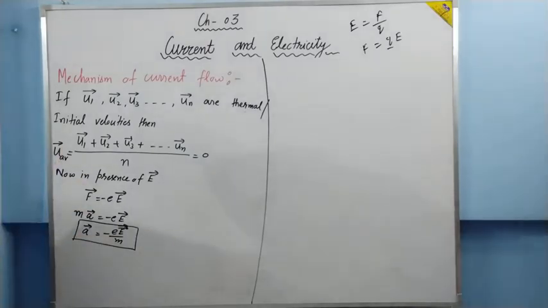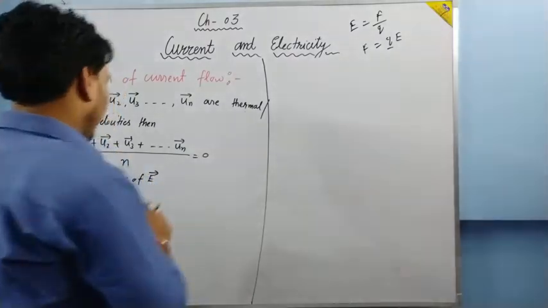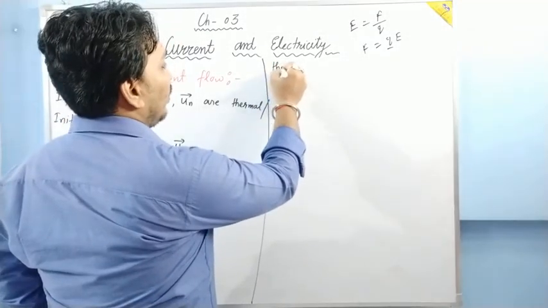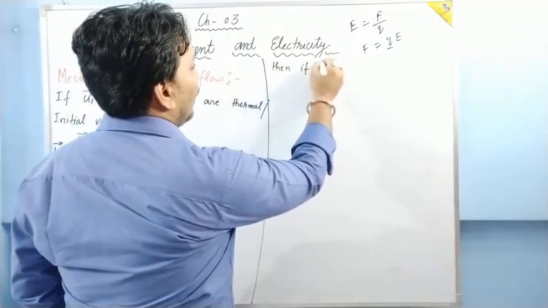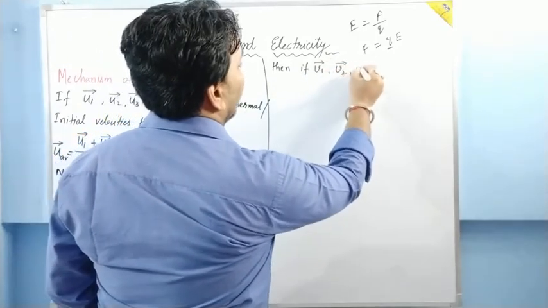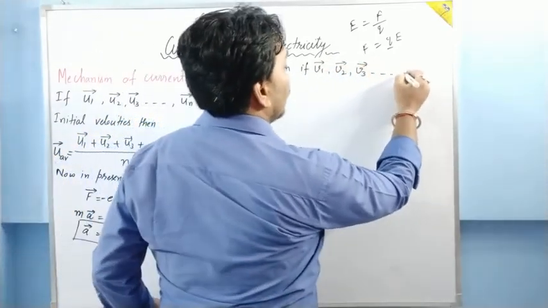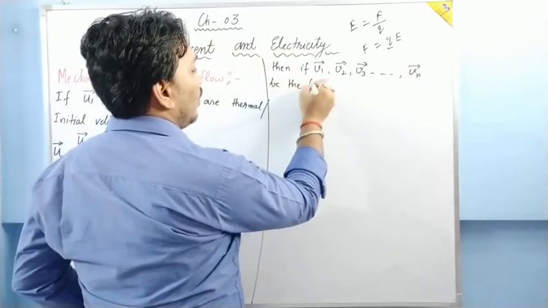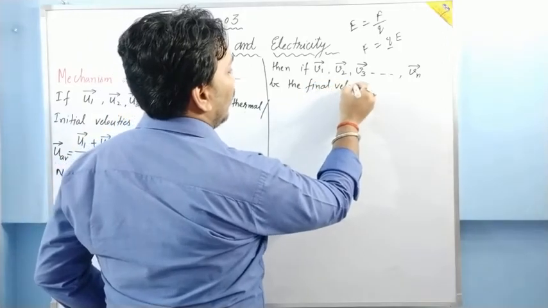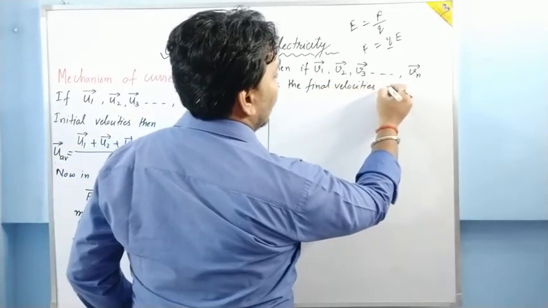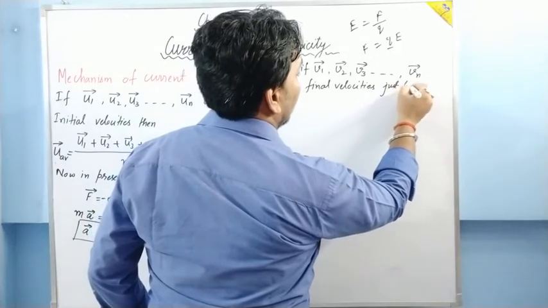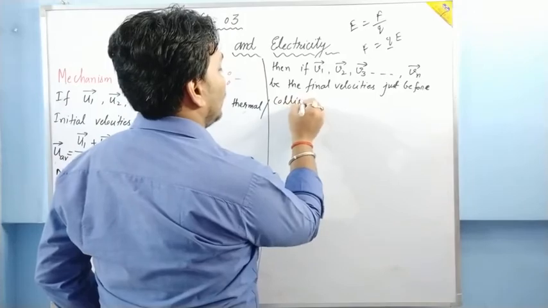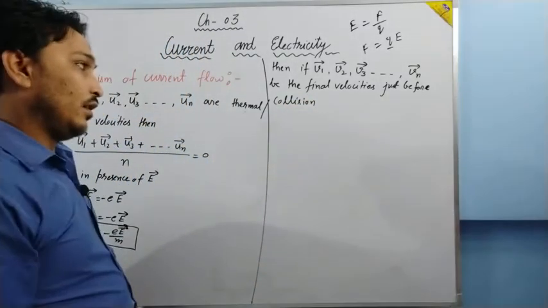Now, just try to understand. Suppose we have applied an electric field, then what will happen? The electron will be accelerated. So if v1 vector, v2 vector, v3 vector, and so on, vn vector are the final velocities just before collision, then what can we write?